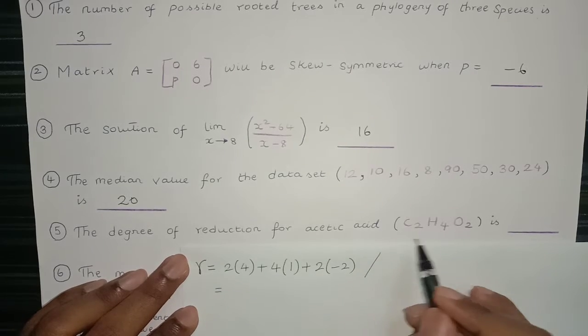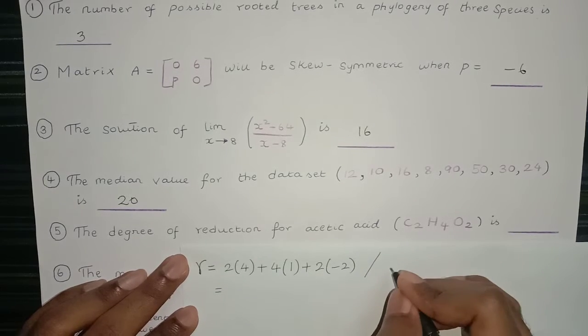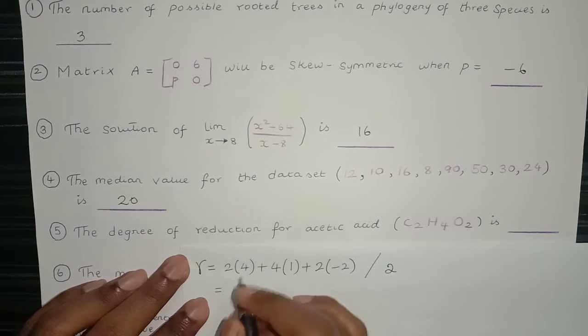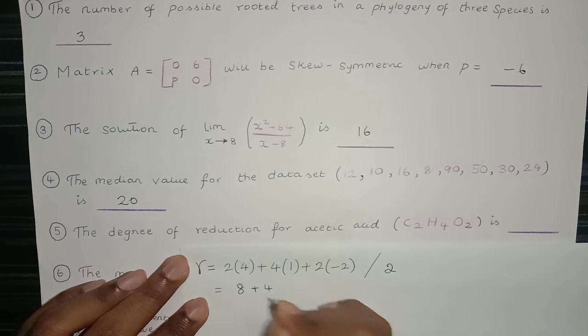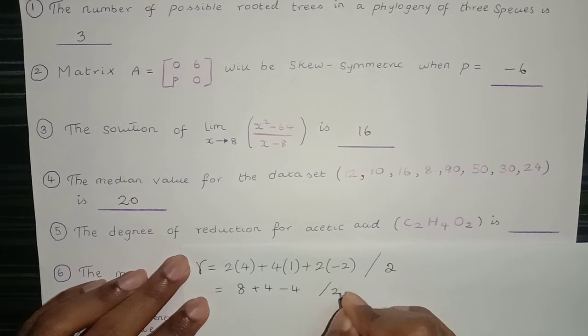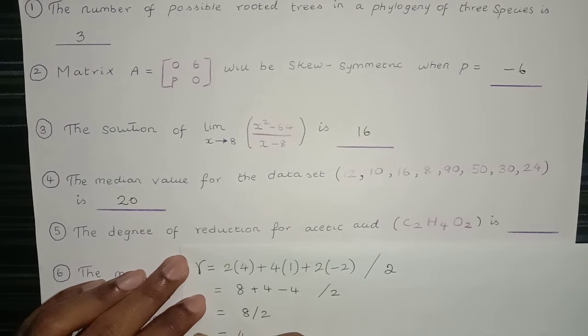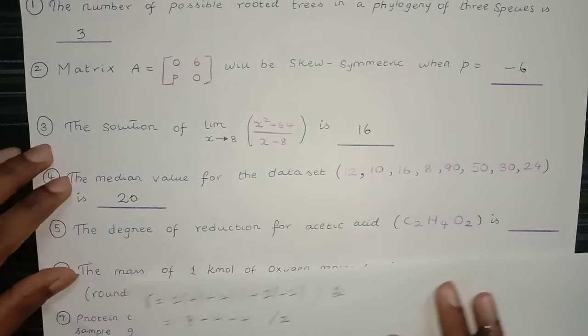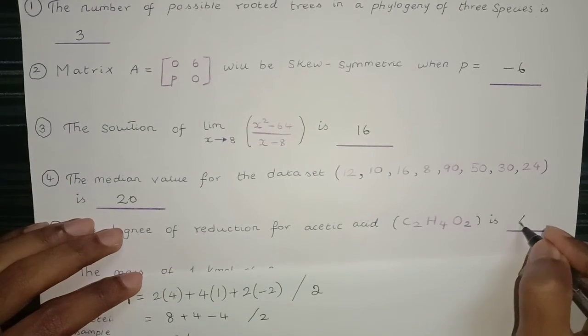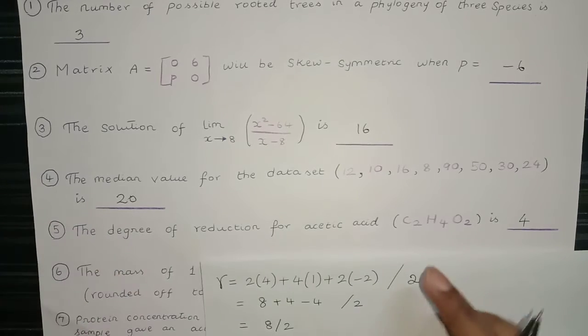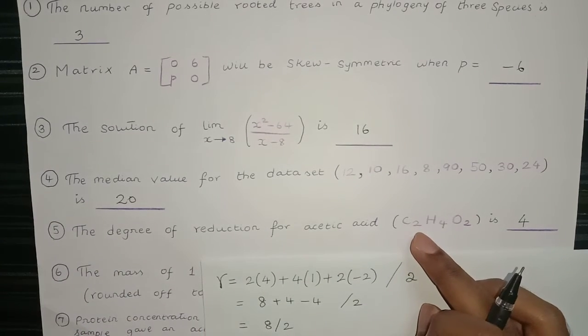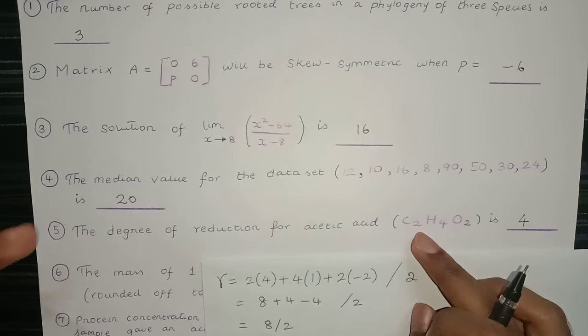So say 1 mole of acetic acid will have 2 carbons, therefore 2. 4 2s are 8 plus 4 minus 4 divided by 2, which is nothing but 8 by 2, so 4. The degree of reduction for acetic acid is 4. So we need to multiply the number of elements into the valence electron per element.